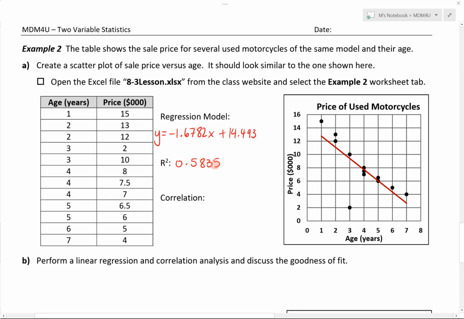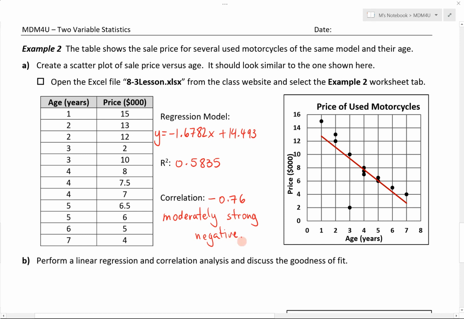And if I took the square root of that value, I would have 0.76. And I have to recognize that this is a negative correlation, so I'm going to put a negative sign there as well. So because it's 0.76 in absolute value, it's moderately strong. And we have to say it's negative.